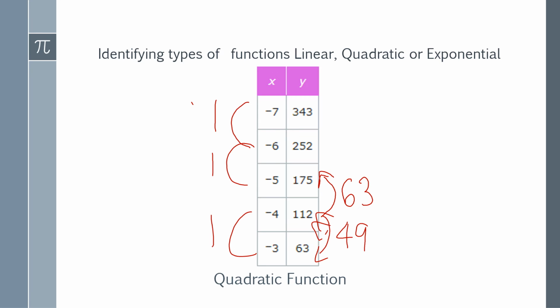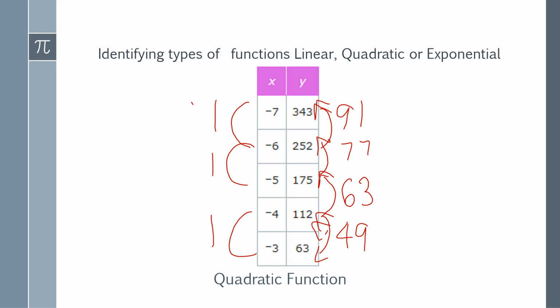Alright? So let's move on. So what's the difference of 175 and 252? 77. Alright? So what's the difference of 252 and 343? And when I mean by difference, I mean subtracting. So for those who did catch on to that, the difference is 91.